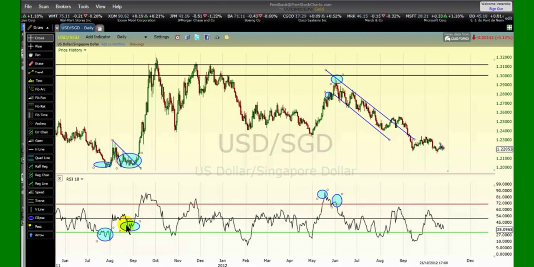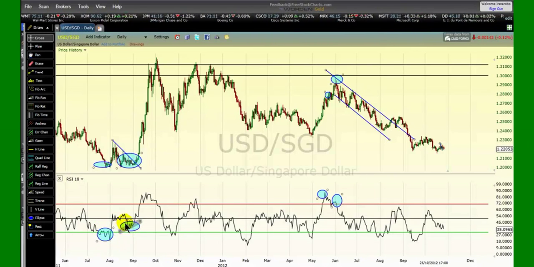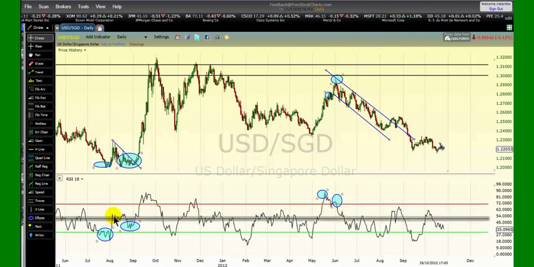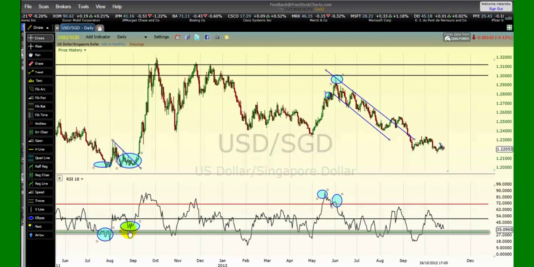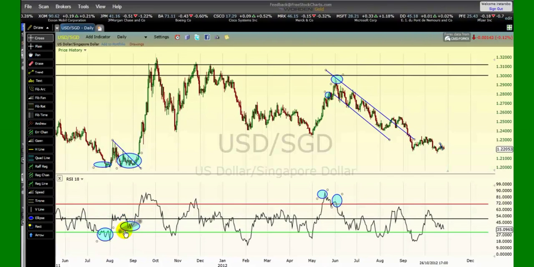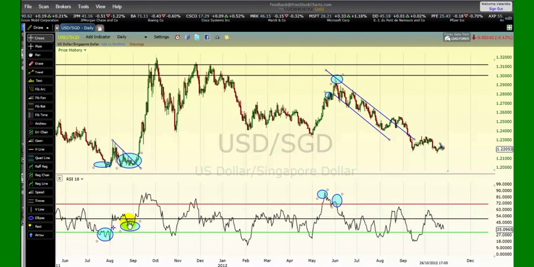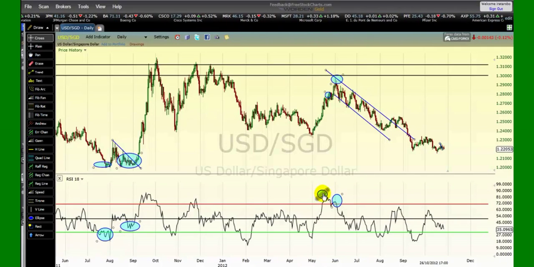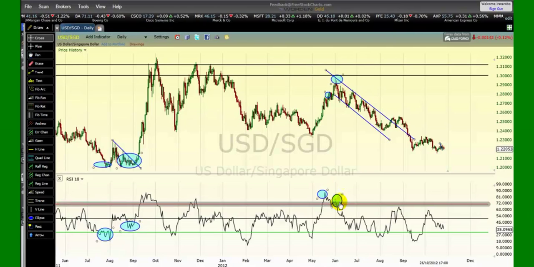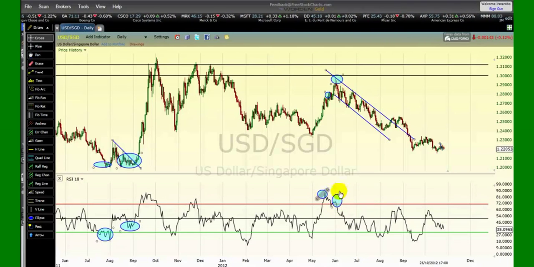So a false bullish divergence can be observed from the end of the first wave to the end of the second wave in the Elliott wave during the downtrend. And we also see false divergence sometimes from the end of the first wave to the end of the second wave during the first bullish Elliott wave.